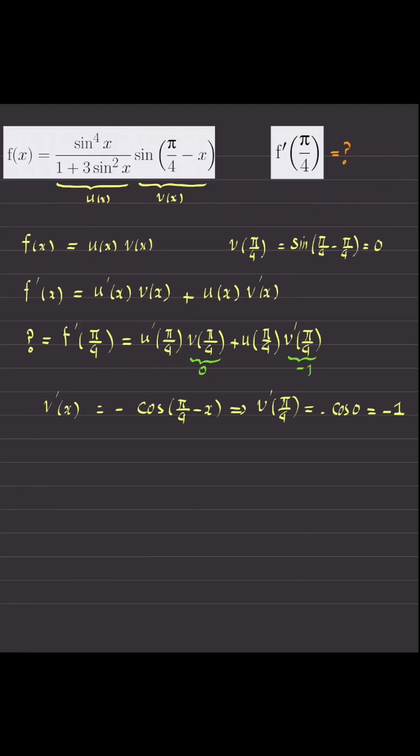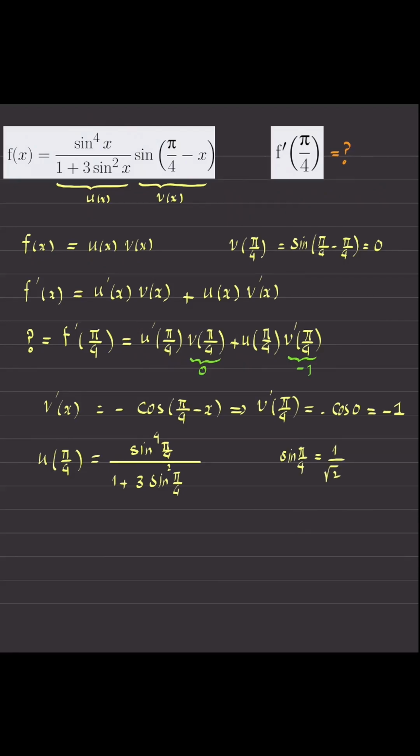And now I have to calculate u of pi over 4, which is also very simple. I go to my function u, and I replace x with pi over 4. So this becomes sine of pi over 4 to the power of 4, divided by 1 plus 3 sine of pi over 4 to the power of 2. But we know that sine of pi over 4 is 1 over square root of 2.